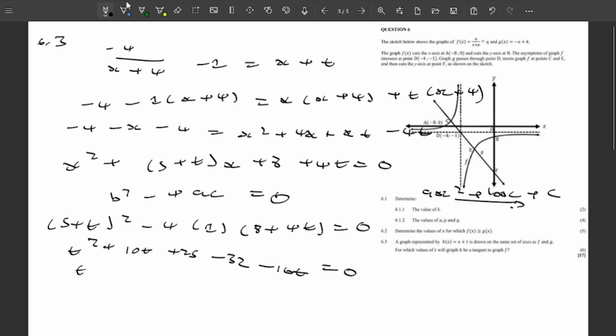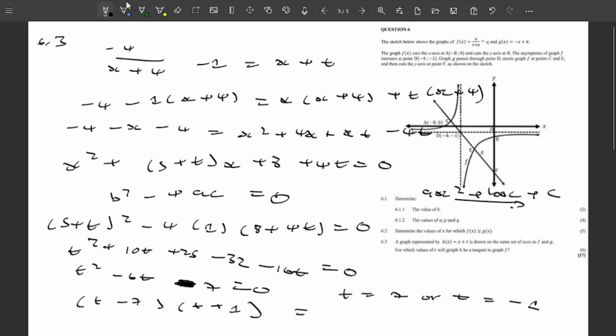After simplifying this again, it's going to be t² − 6t − 7 equals 0. Then factorize this. Our factors are 7 and 1, negative 7 and positive 1. The t value is going to be t = 7 or t = −1.